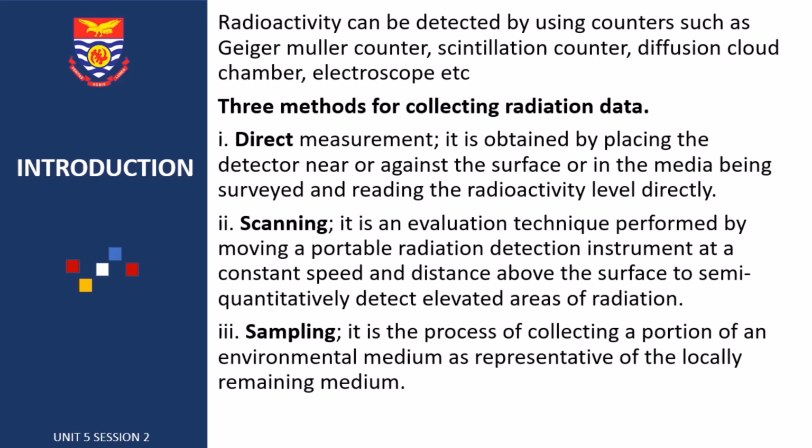Now, what happens is that the detector is moved at a constant speed and at a distance above the surface of the material to be examined, and this helps to determine the radiation that is being emitted.